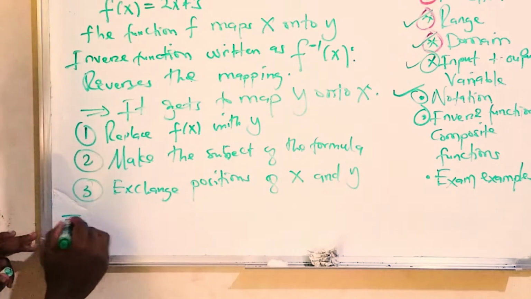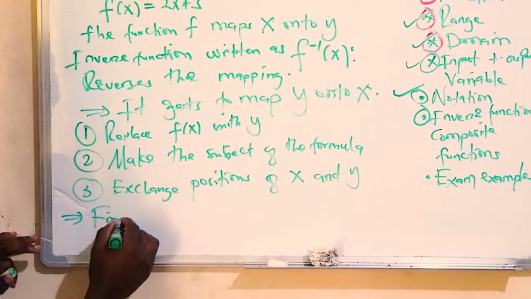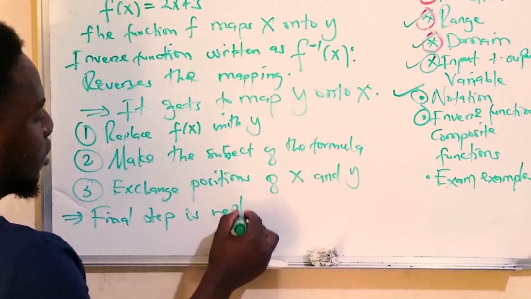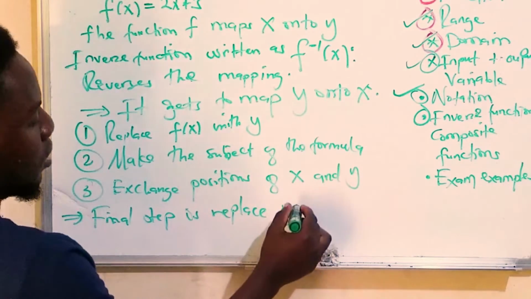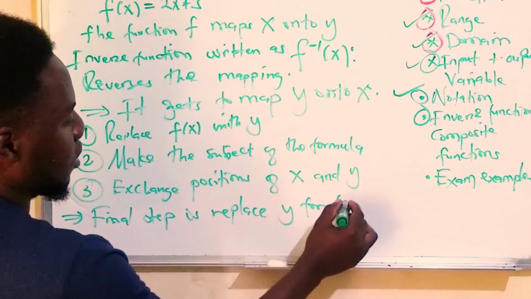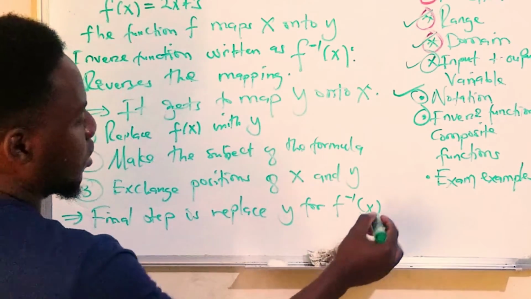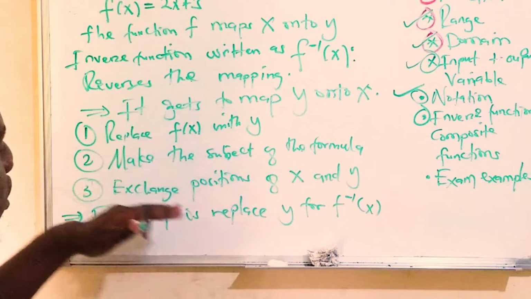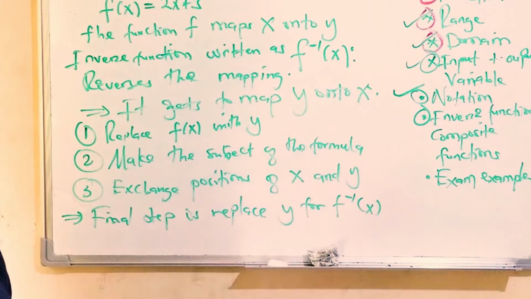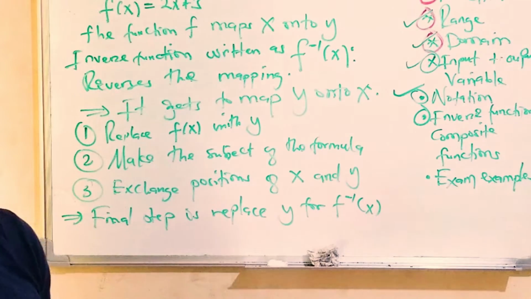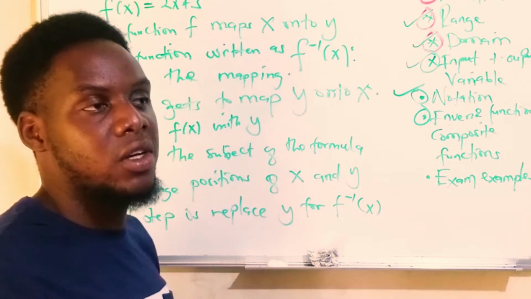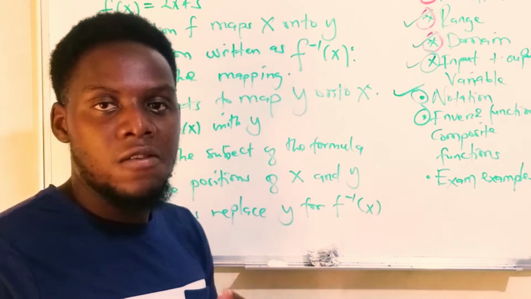Then the final step is to replace y with f negative 1 of x. After we have done all the steps, where there is y, we replace it and put f negative 1 of x to show that we have now arrived at an inverse function. We have now converted the function into an inverse.